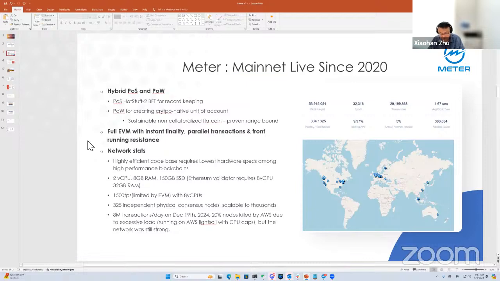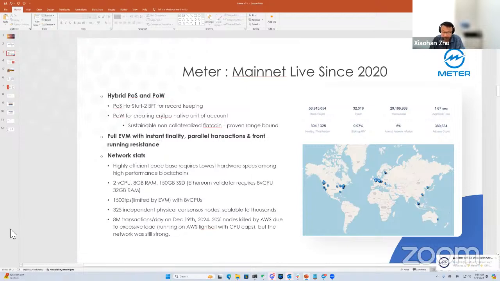One of the things that showed the stability of the network was when we had an inscription project or marketplace launch on December 19th last year. Oh, sorry, there's a typo here. It should be 2023, not 2024. On that day, there were 8 million transactions that went through the network.